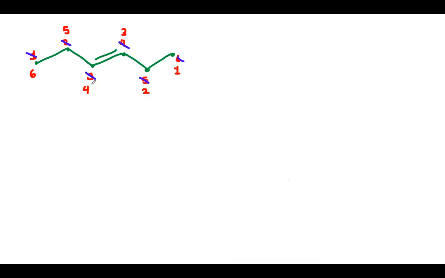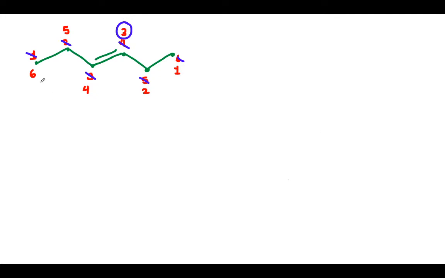Between these two numbers, if I'm identifying the location of the double bond, I want to go with the lesser of the two. This double bond is between 3 and 4. So when I'm describing where it is located, instead of saying between 3 and 4, I'm going to say at carbon 3. You should automatically know that that's between 3 and 4.